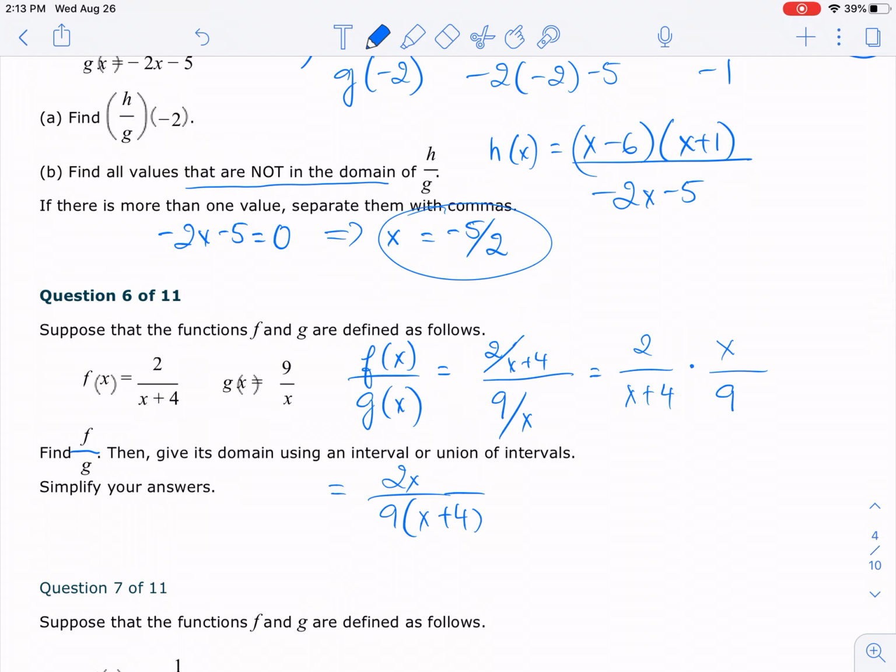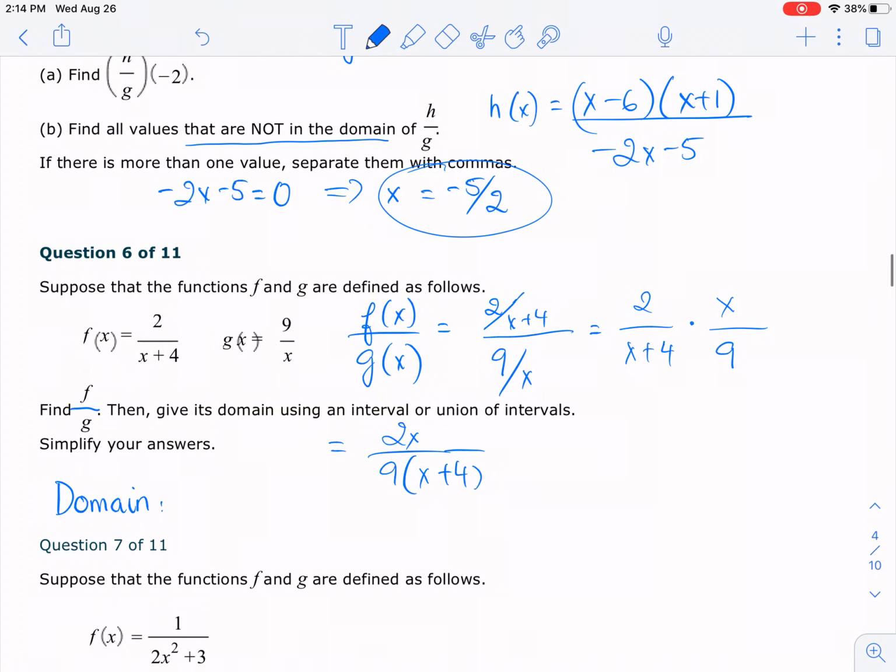Okay, so you see from our original problem right here, you do not want 0. 0 would make the function undefined. For the new function, you do not want -4, because if you have -4, this is going to become 0 and it's going to be undefined. So you have to look at the new function and you have to look at the function before we simplify. So we're going to have to include both. So the domain, we want to toss out those two values.